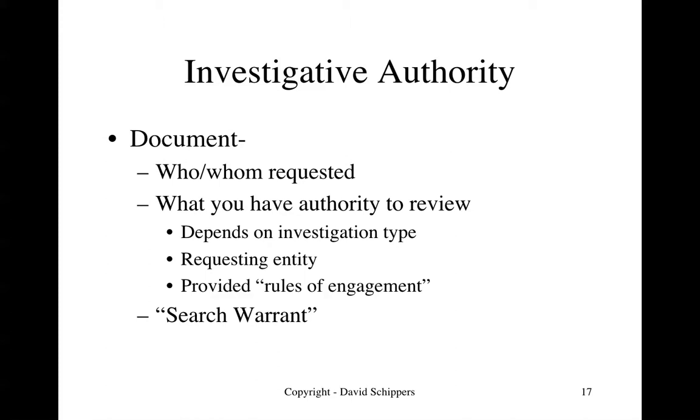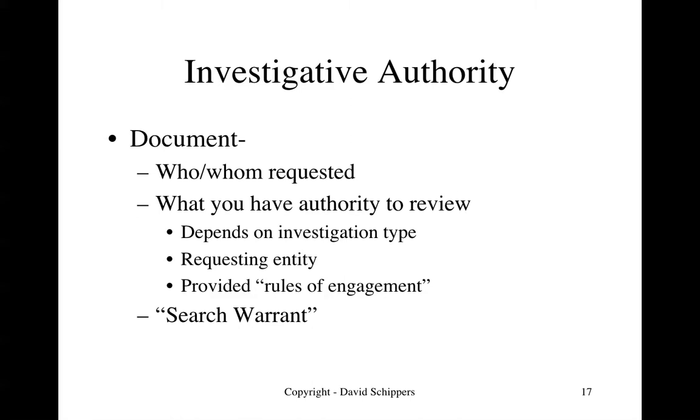If they say, we want you to review Dave Skipper's laptop to see if he is stealing trade secrets from an organization, and you come across in that investigation the fact that Dave Skipper is guilty of infidelity, that's not part of your investigation's rules of engagement or protocols. So that is not necessarily something where you just go in and look for everything. You go in and look for what you've been asked to look for.